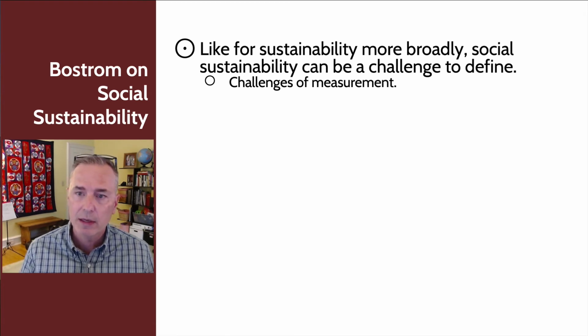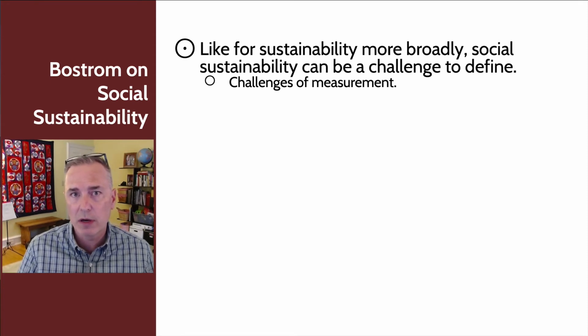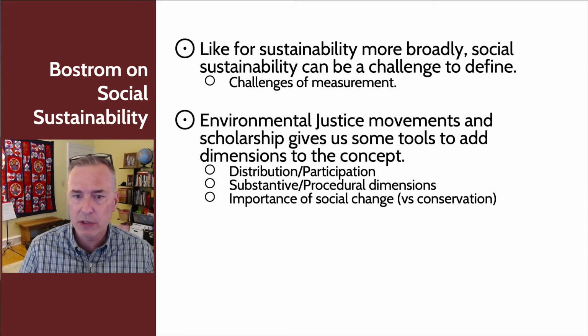And part of that challenge in measurement is definition, which is Bostrom's main argument in this article, that it can be hard to make those choices, or at least they haven't often been a priority of people who do sustainability research.